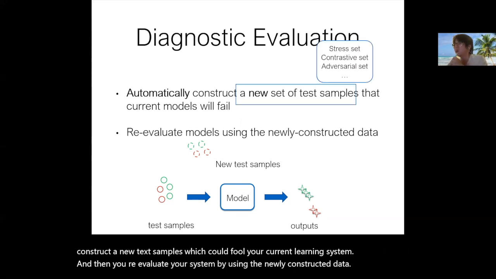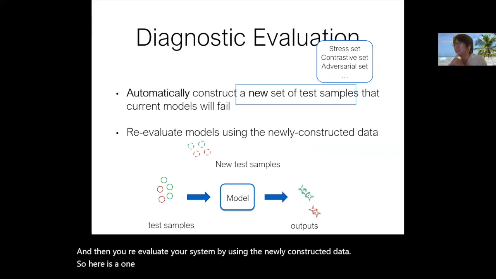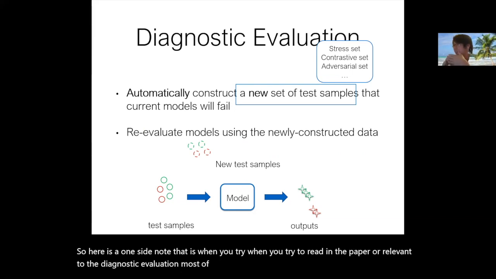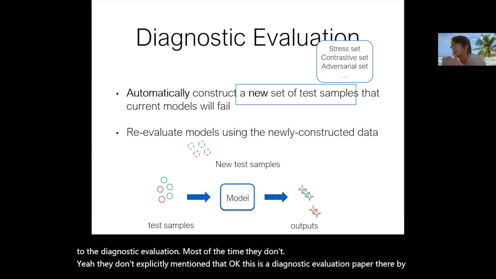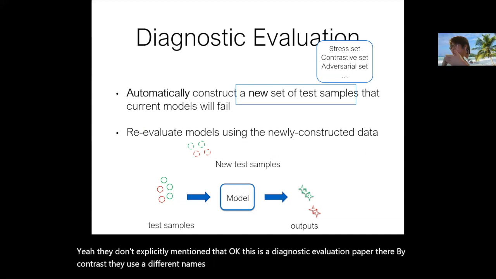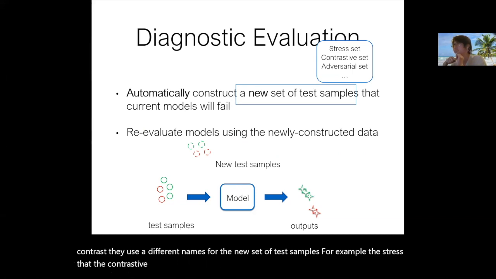Here is one side note: when you read papers relevant to diagnostic evaluation, most of the time they don't explicitly mention that this is a diagnostic evaluation paper. By contrast, they use different names for their new set of text samples, for example the stress set, the contrastive set, or the adversarial set.